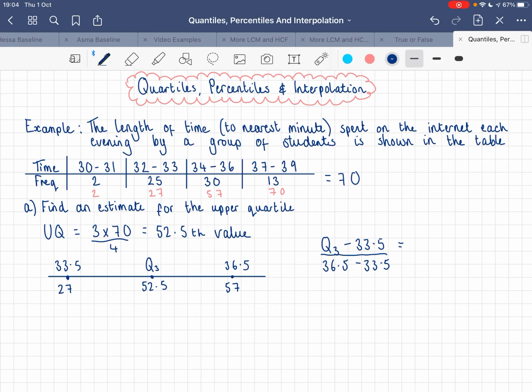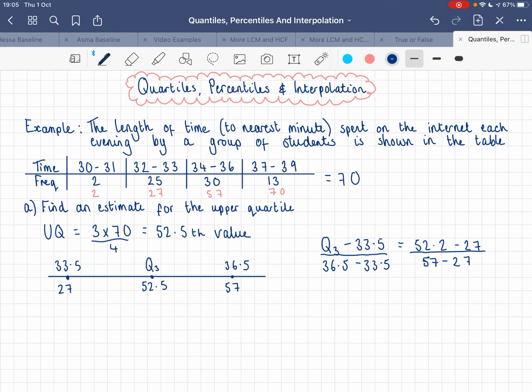which is what we can actually work out, and that's going to help us find out what Q3 is. So our 52.5 is also a fraction of the way through the frequencies, a fraction of the way between 27 and 57. We need to work out what fraction that actually is. So again, we take the 52.5 and find the difference between that and the lower boundary, and divide it by the size of the interval, which in this case is 57 minus 27.